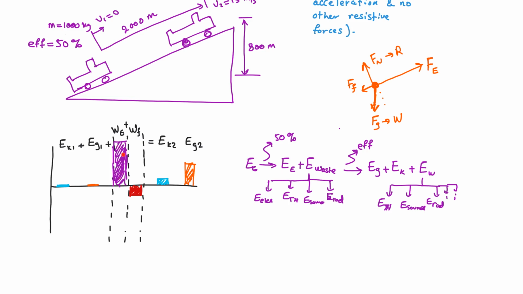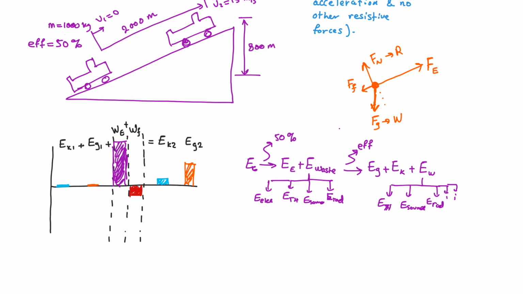So we need to figure out what this energy here is, which is the engine. And once we find this, we know that that's 50% of the chemical energy. So then we can find the chemical energy using an efficiency equation, and we know that the efficiency is 50%.